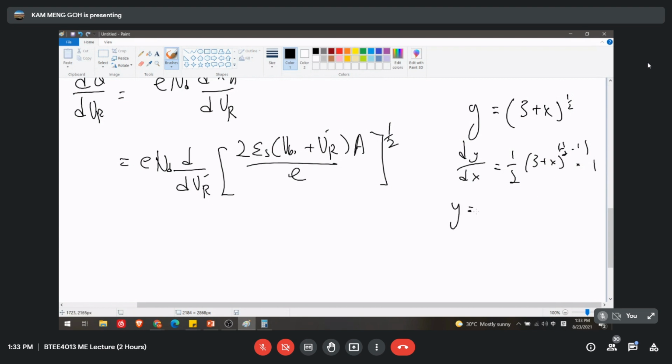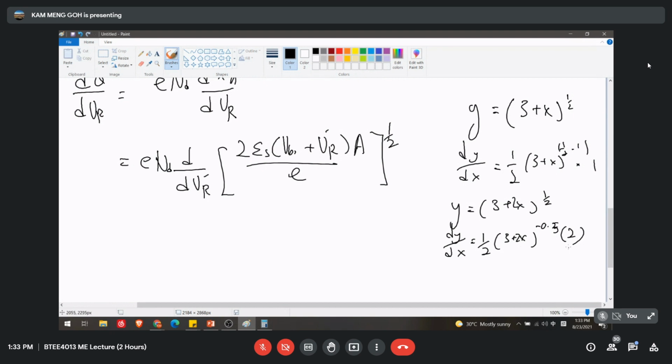If we have put 2 here, it becomes 0.5 multiplied by 2.